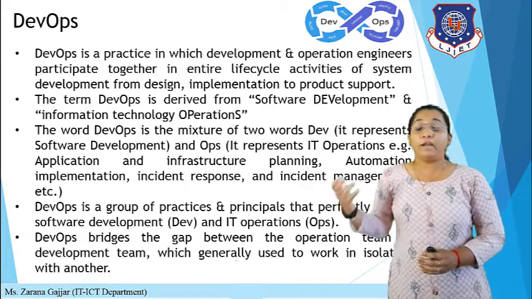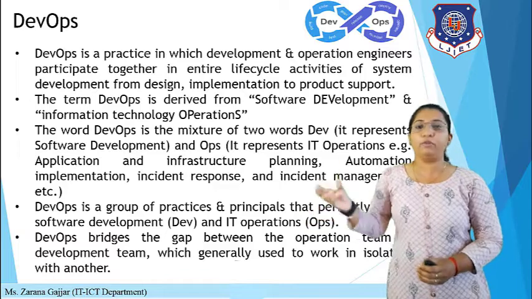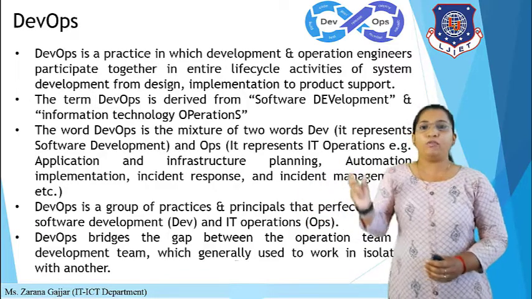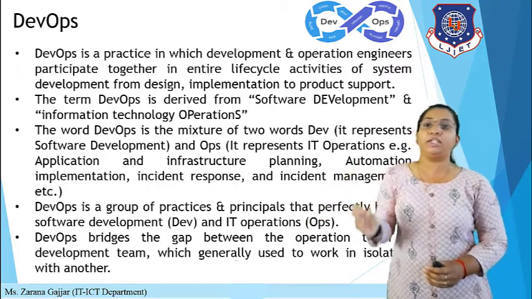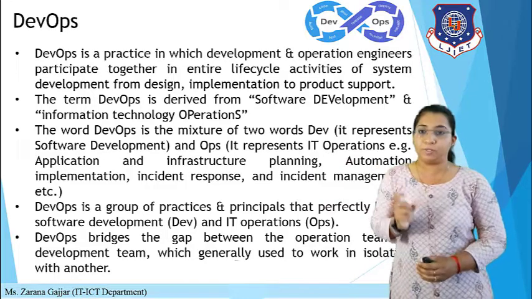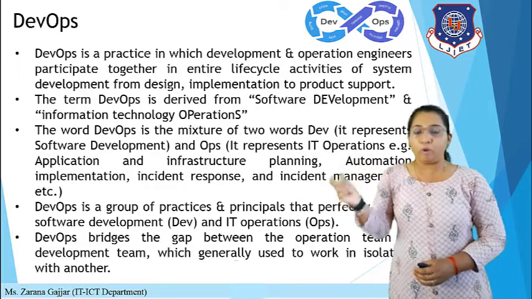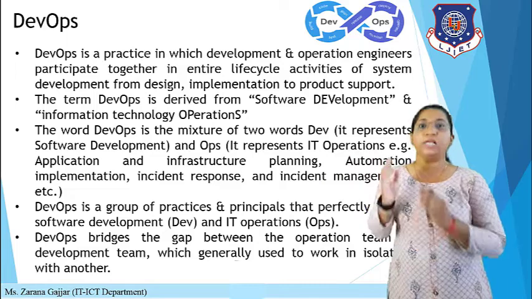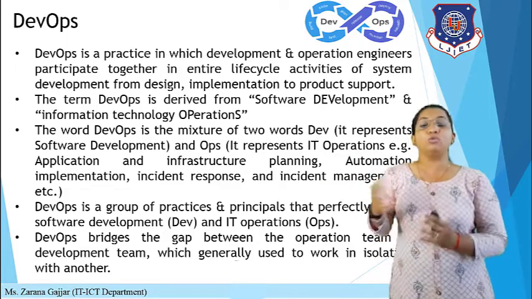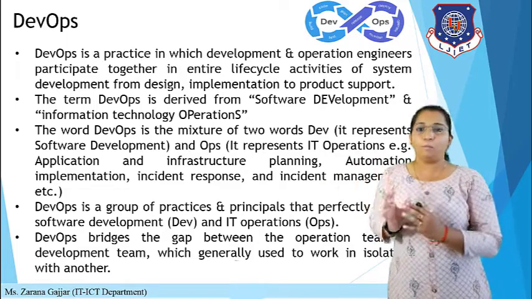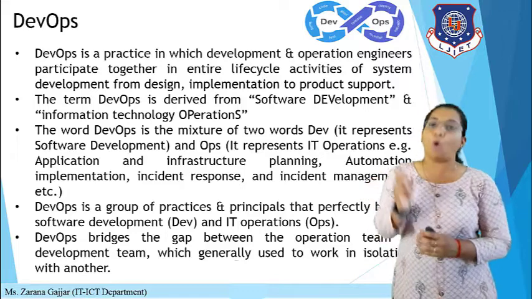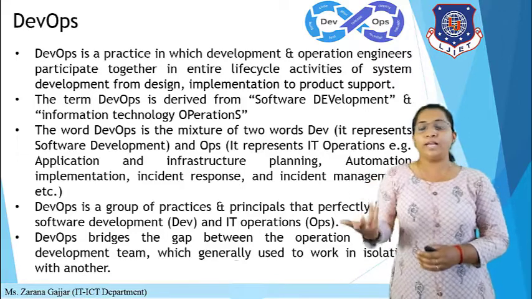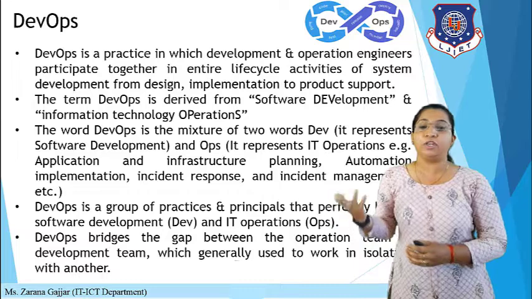The term DevOps is actually derived from software development and information technology operations. So Dev from software development and Ops from IT operations. Dev represents software development and Ops represents IT operations, for example application and infrastructure planning.